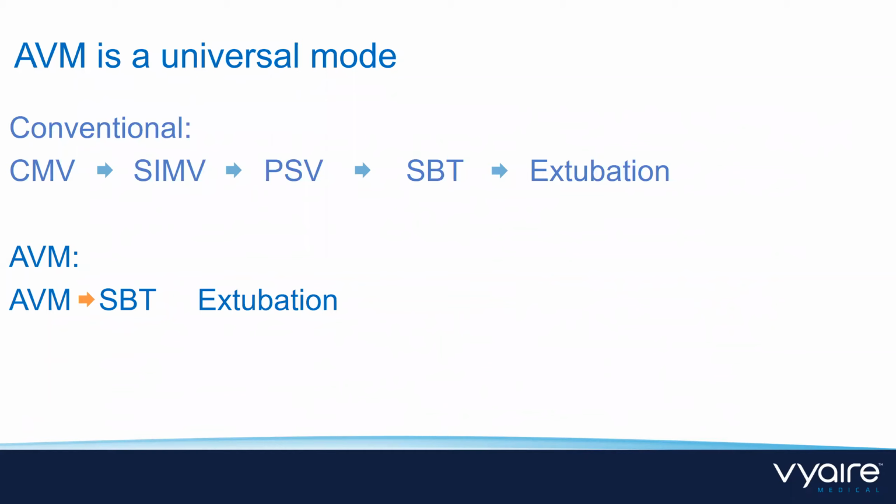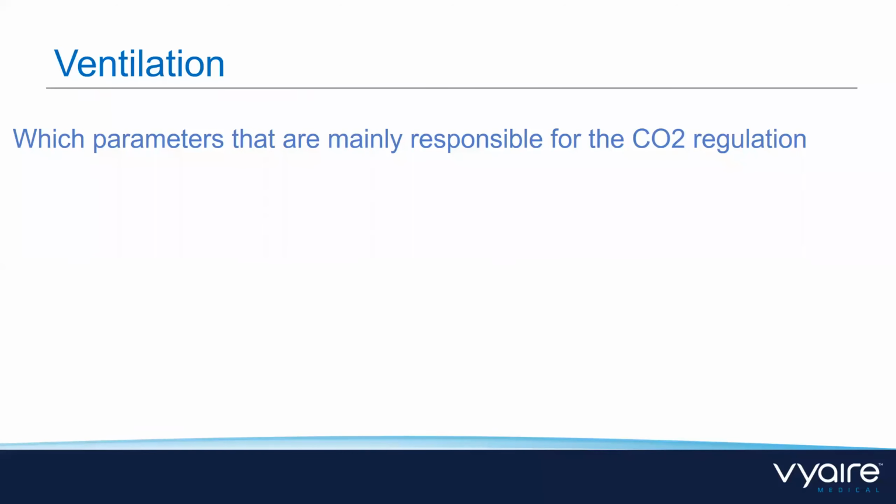So you really are saving some manipulation and also switching back and forth between ventilation modes. So this helps you to save manipulations on the ventilator and also switching the patient from one mode to another. Looking at the parameters that are mainly responsible for the CO2 regulation, these are the inspiratory pressure.